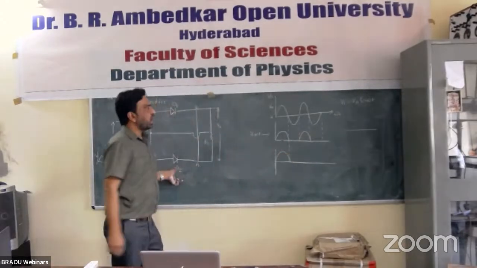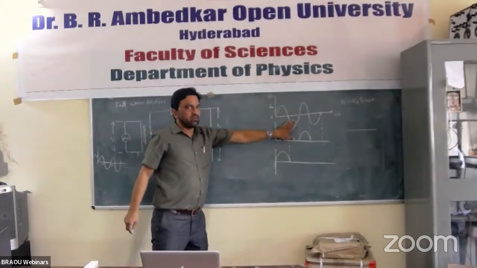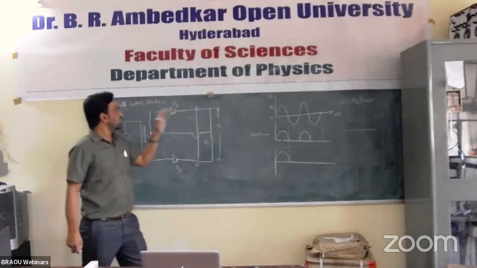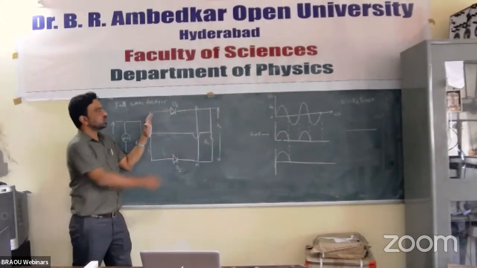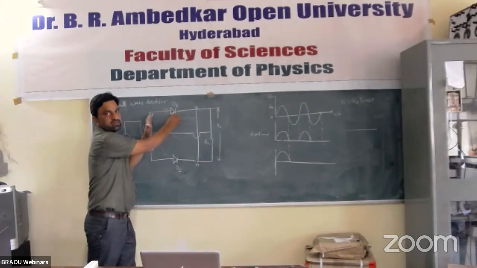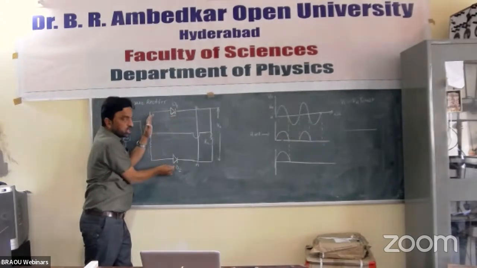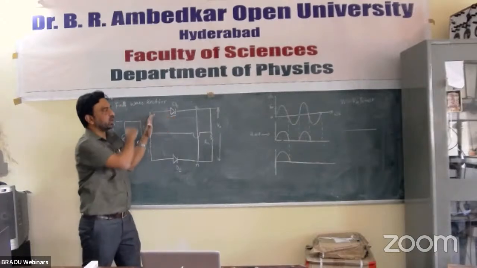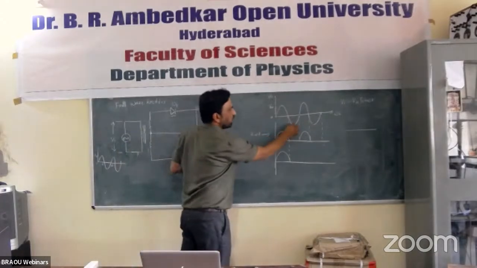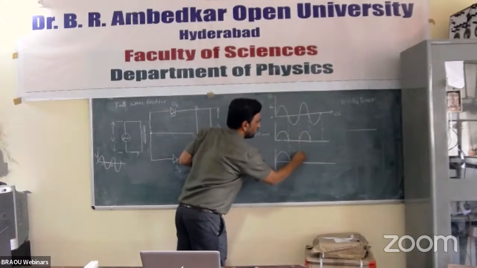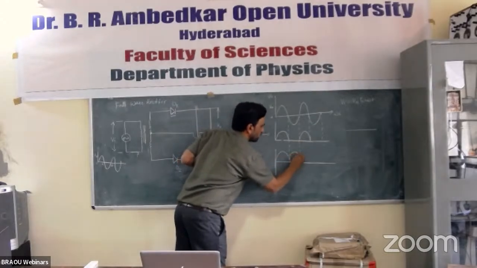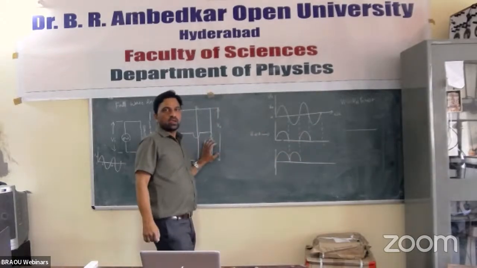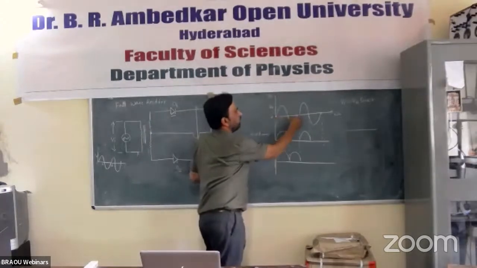And the negative half cycle, when it is entering into these diodes, the first diode does not conduct, the second diode is going to conduct. During the negative half cycle entering into this one, again this part is going to be obtained at this point. And again, one complete cycle has been completed.